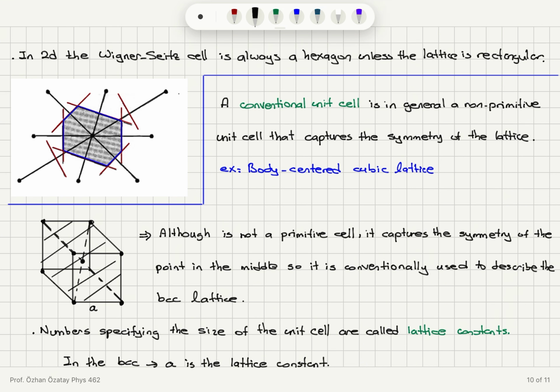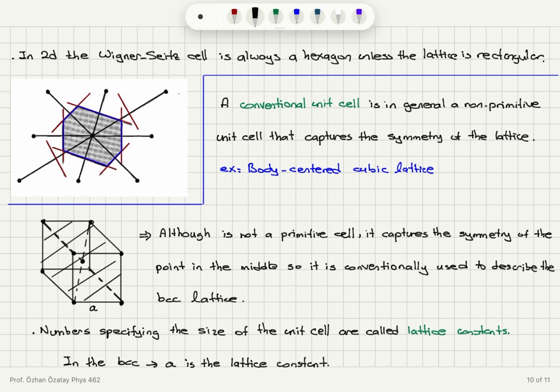It's not a primitive unit cell. However, it captures the symmetry of the point in the middle, so it is conventionally used to describe the body-centered cubic lattice structure. And the numbers that specify the size of the unit cell are called lattice constants.